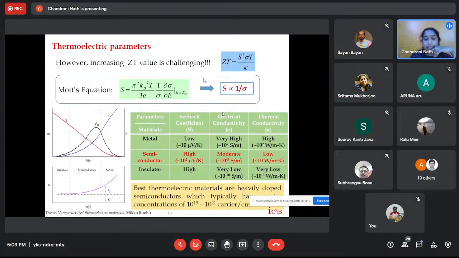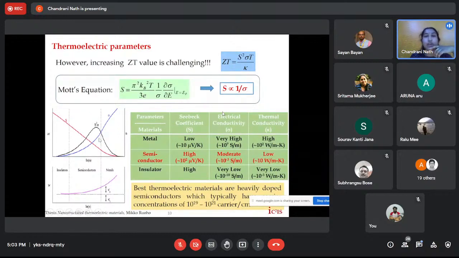But it's easier said than done. Increasing ZT is quite challenging. Why? Because these parameters, as I described in the earlier slide, are interrelated. From the Mott equation, we can see that the Seebeck coefficient is inversely related to conductivity.